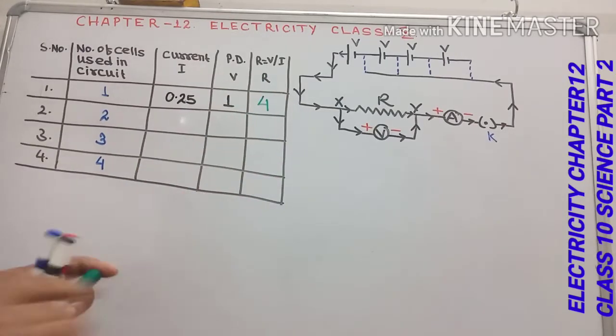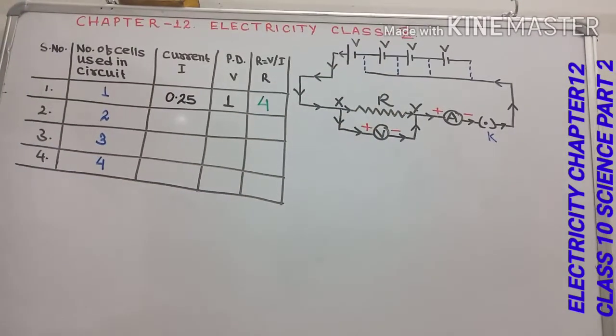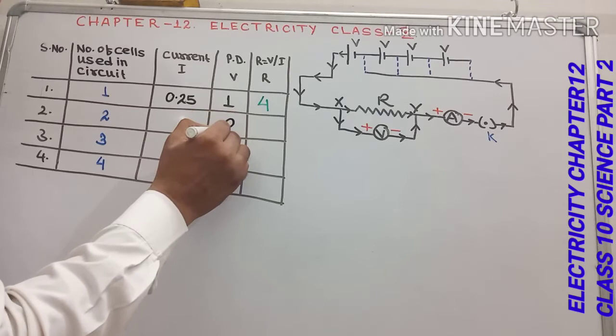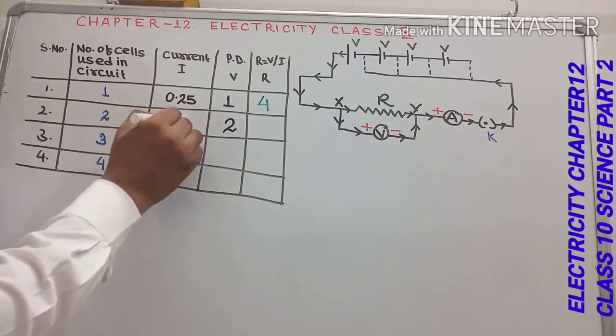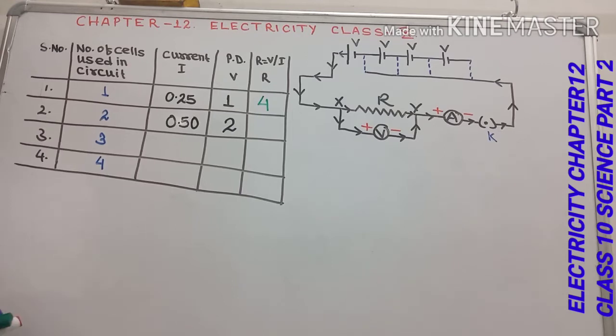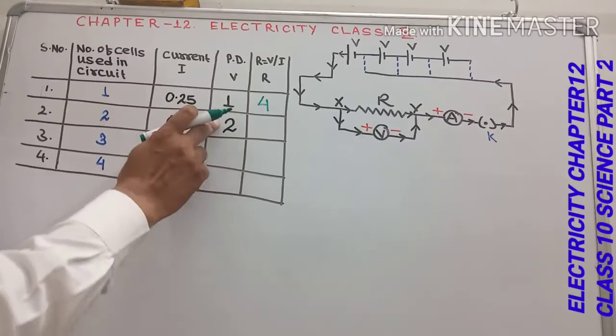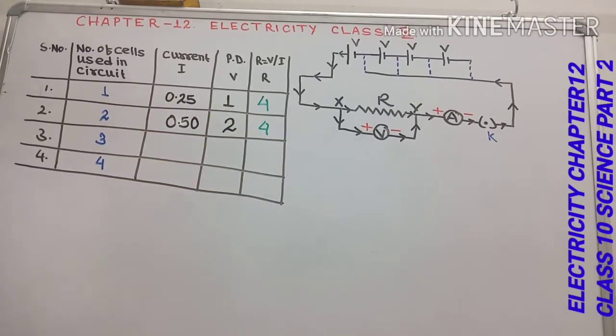Now suppose we place this wire here with the two cells, then suppose the potential difference is 2 volt. Then due to the potential difference of 2 volt, a current of 0.50 ampere will start flowing through this, and for this we get 2 upon 0.5, which again comes out to be 4 ohms.